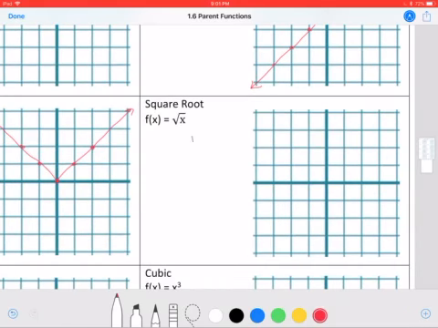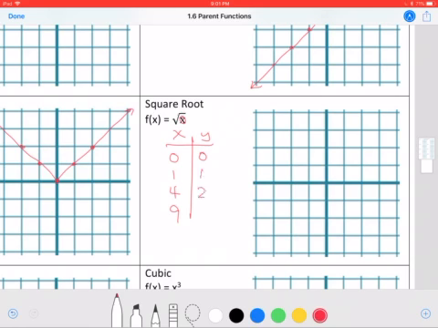The square root function maybe not quite as familiar. So this time only, let's make a table. And I'm going to choose numbers that have nice square roots, because I know I'm going to be plugging those in. So the square root of 0 is 0, the square root of 1 is 1.